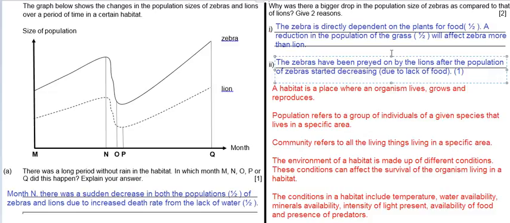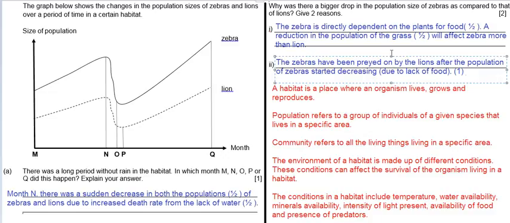So that means that the zebra population is now affected by three things: lack of food, lack of water, and the presence of the predator. Whereas the lion is only affected by the decrease in prey and the decrease in water, but there is no predator affecting the lion. So you can say the zebras have been preyed on by the lions after the population of zebras started decreasing.